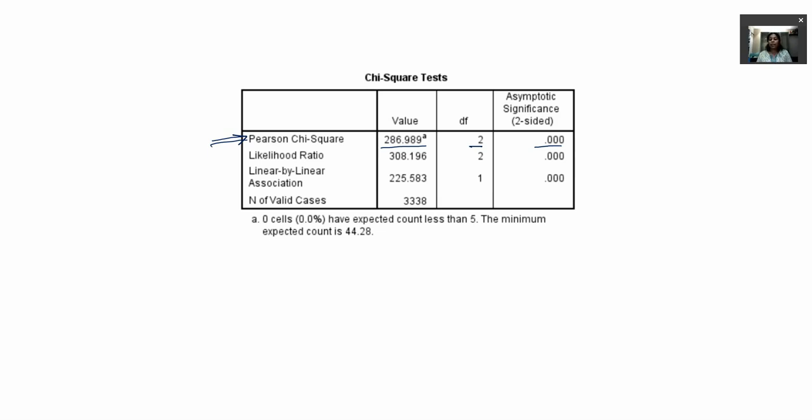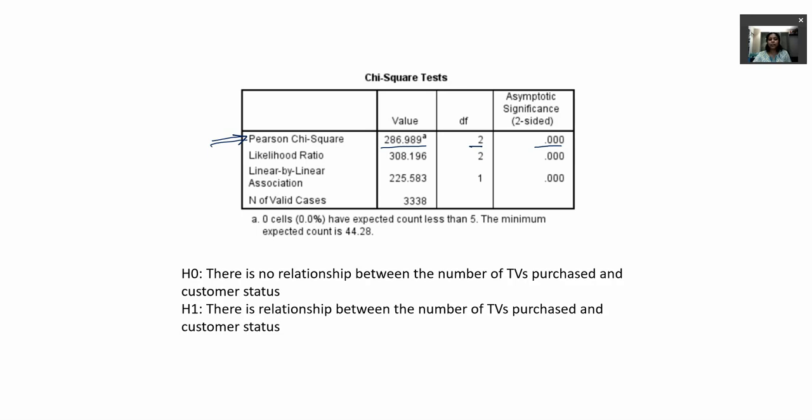So, how do we formulate these two hypotheses for the objective of the customer status and the number of TVs purchased? This is how we write the null hypothesis and the alternate hypothesis. Your null hypothesis will be there is no relationship between the number of TVs purchased and the customer status.